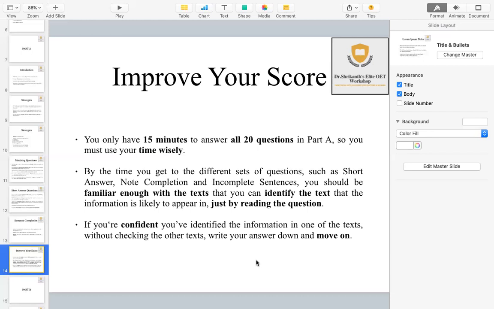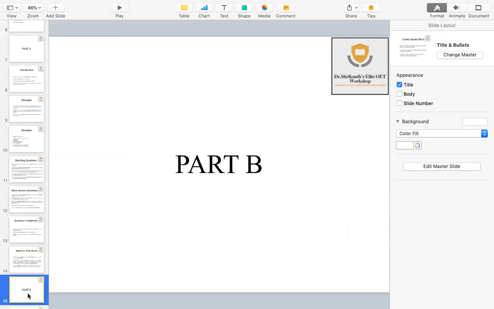As I mentioned before, 15 minutes, 20 questions, time is the main enemy over here. So race against the clock. If you're 100% certain that this is the correct answer, then without any further ado, just move on. There is no need to cross-check and waste your precious time. So that is how you have to approach part A of your reading. I hope that made some sense to you.